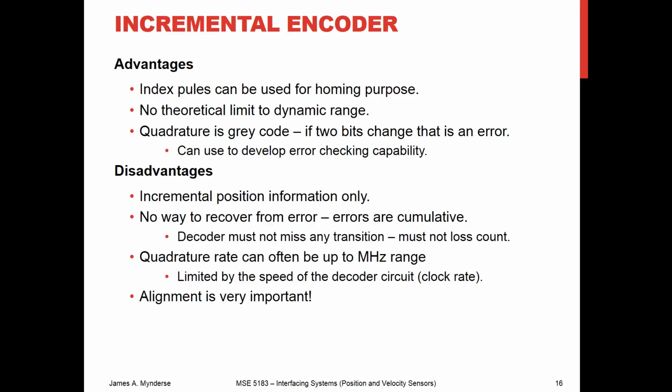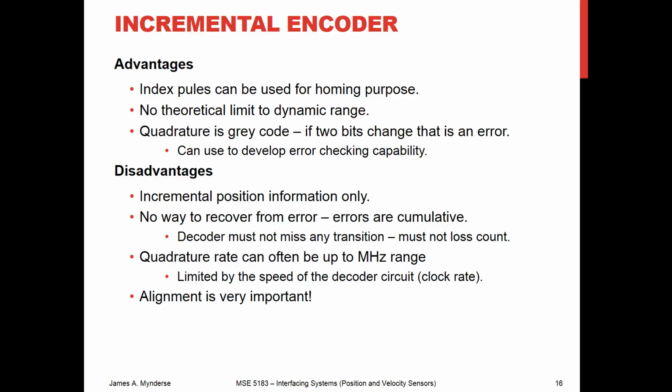So if you're using an incremental encoder or relative encoder, sometimes you've got an index pulse, which is nice so that you can always find your home position. We talked before about dynamic range. Essentially, your dynamic range is limited by whatever you're doing the processing on, so there's not really a limit to it. And the quadrature is gray code, so you can always do some error checking: if 2 bits are changing, you've got a problem.